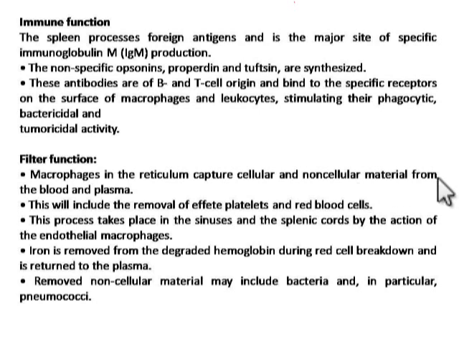Here in the spleen, the non-specific opsonins, properdin, and tuftsin are synthesized, and these antibodies are of B and T cell origin and bind to specific receptors on the surface of macrophages and leukocytes, stimulating their phagocytic, bactericidal, and tumoricidal activity.